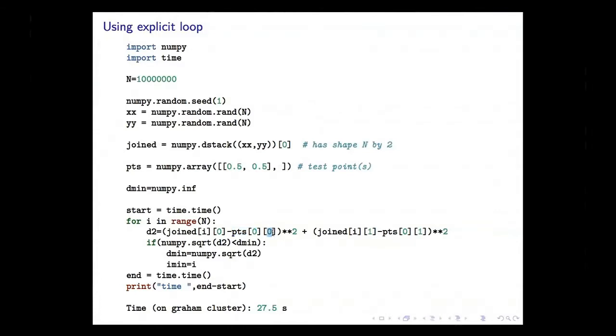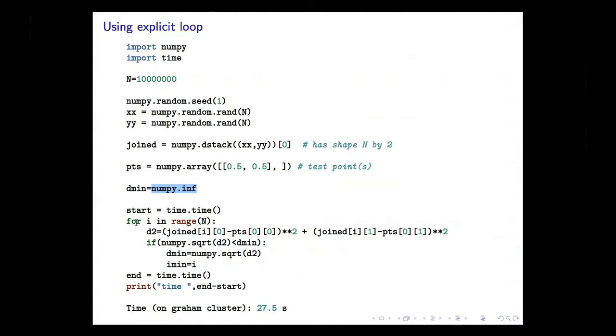I take the square root using the NumPy sqrt function, and I check whether this is less than the current minimum. And if it is, I update the current minimum to a new value, and I set the index where this minimum is occurring. Notice here that I have to initialize the min, and NumPy provides a convenient numpy.inf, which you can initialize with.